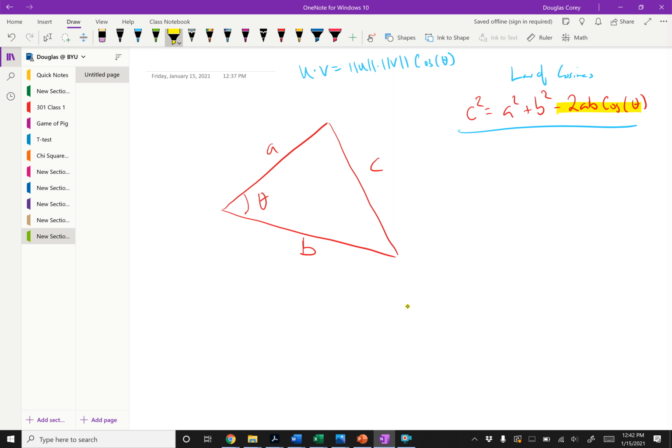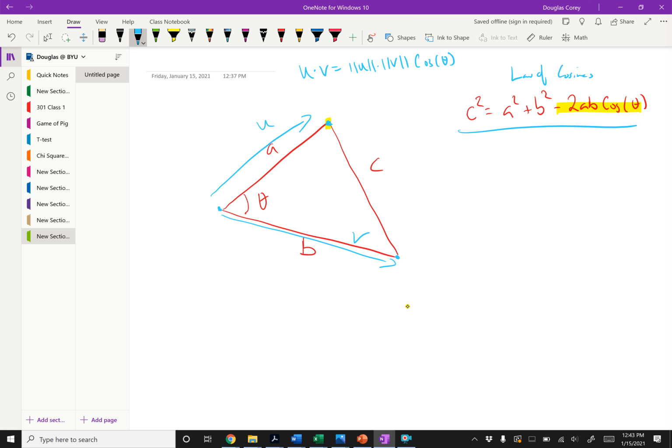So we're going to start with this, but what we have to do is translate these lengths into the language of vectors. So imagine we had points here, or coordinates here. We could subtract one vertex from the other vertex to get a vector, and we'll call this vector u, and we'll call this vector v.